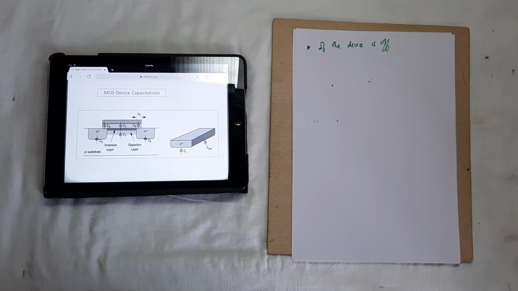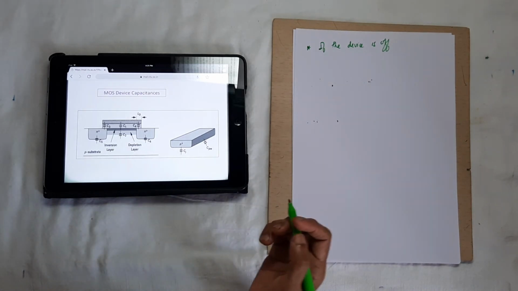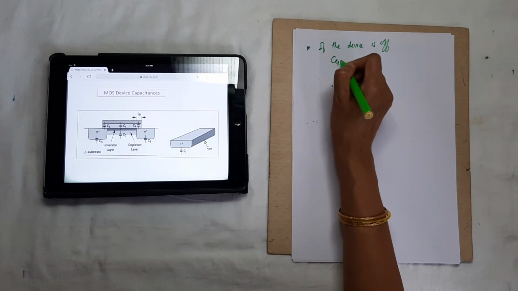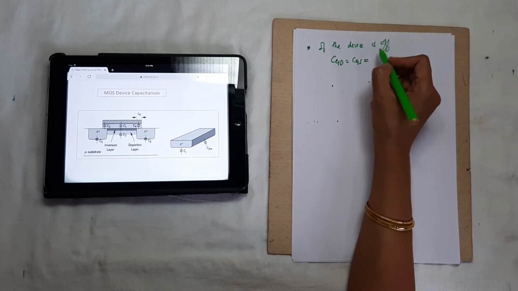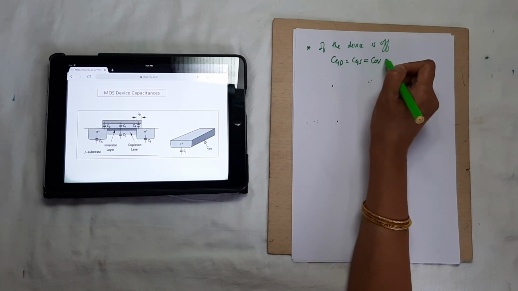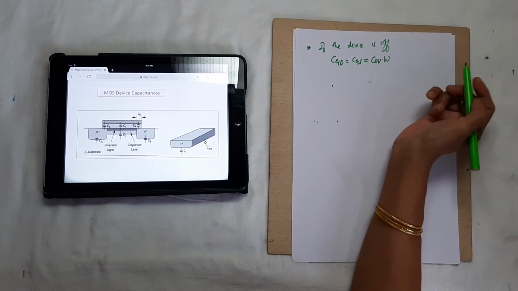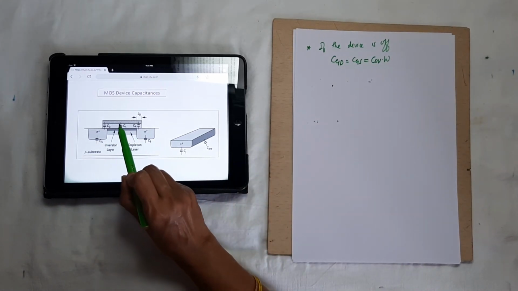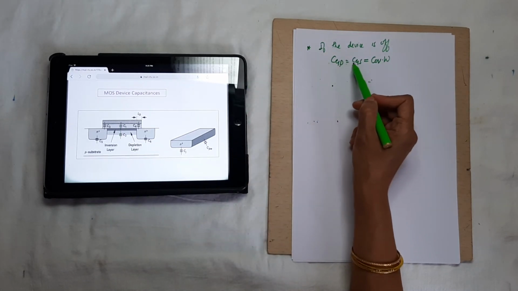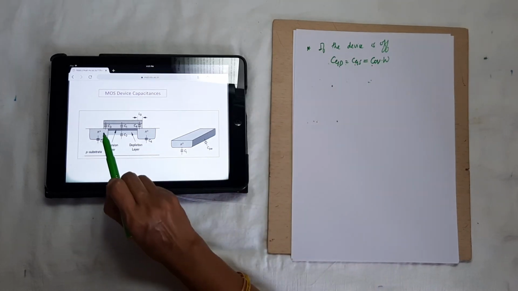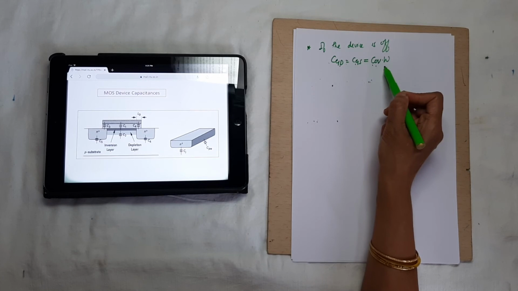Then we have the gate to drain capacitance and gate to source capacitance, CGD is equal to CGS, which is equal to only the overlap capacitance COV multiplied by the width. There is no channel formed, so CGD is equal to CGS is equal to only the overlap capacitance, that is COV multiplied by W.